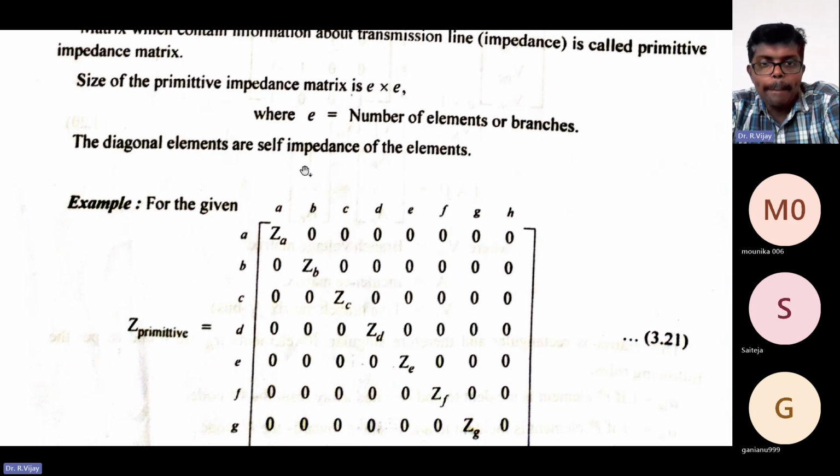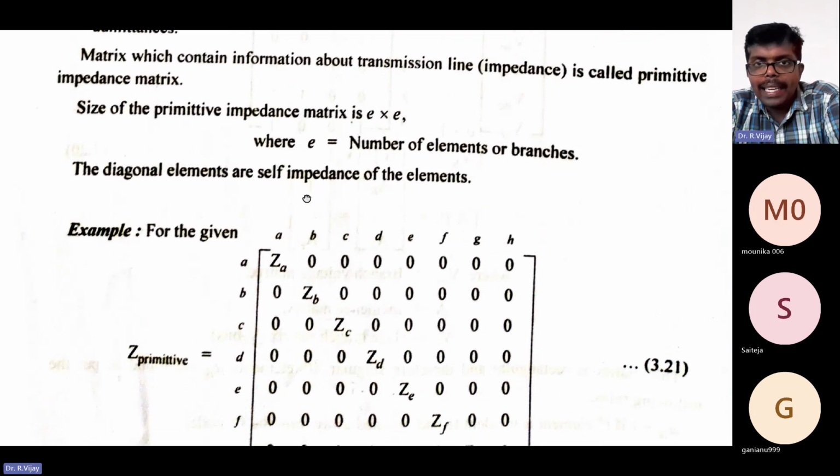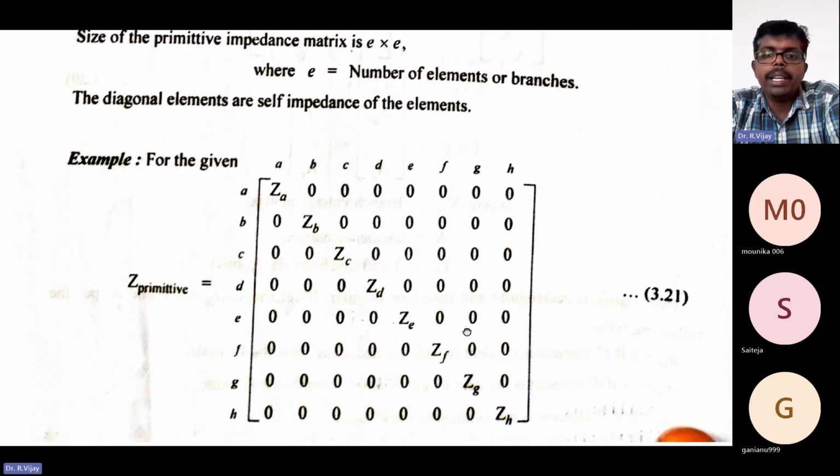It is nothing but a matrix which contains information about the transmission line impedance. A matrix containing the transmission line impedance values is called the primitive impedance matrix.